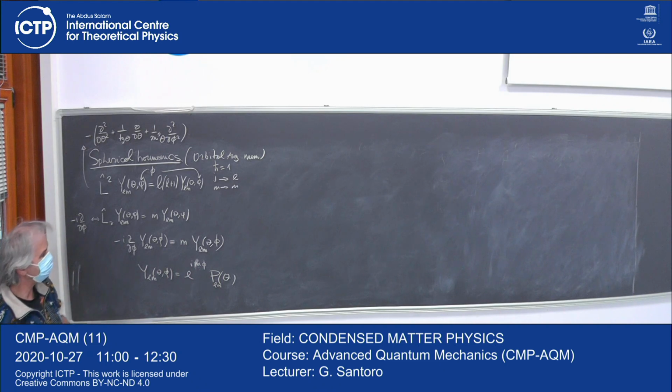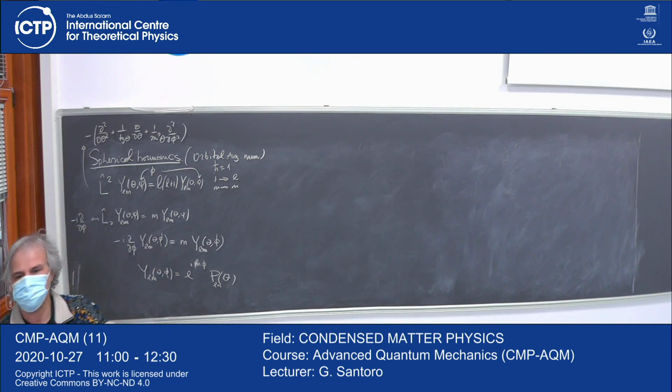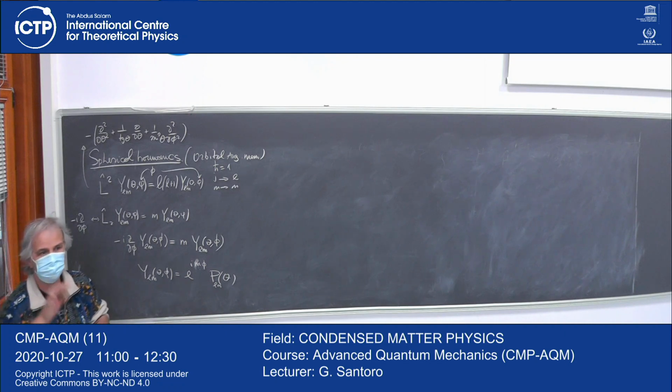Good. Now, this is a function in space. Theta and phi are the latitude and longitude. I want a function that is unique. If I have a point, I want the value of the function at that point. Notice, I don't simply want the modulus squared to be well defined at the point. I want the function at the point.